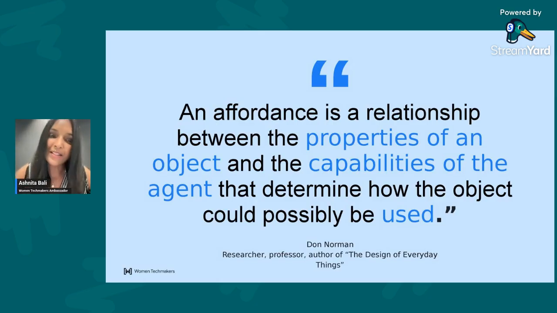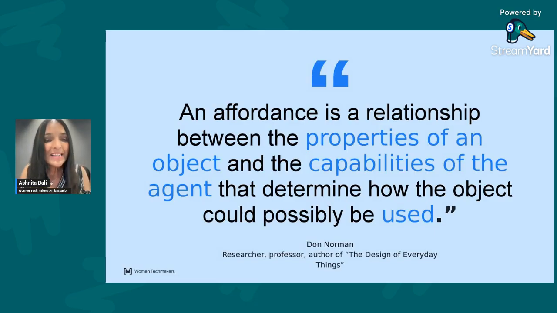This is quite a long explanation, so let me try and break it down a little bit and explain it in parts. Agent here refers to the target audience or the target users. They can be people, animals, a machine, or computer system, for example. Capabilities refers to, for example, the person's ability to be able to perform the actions that the object affords.